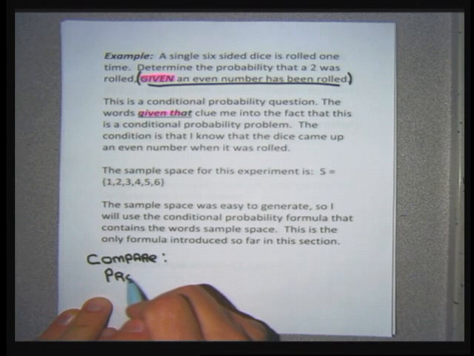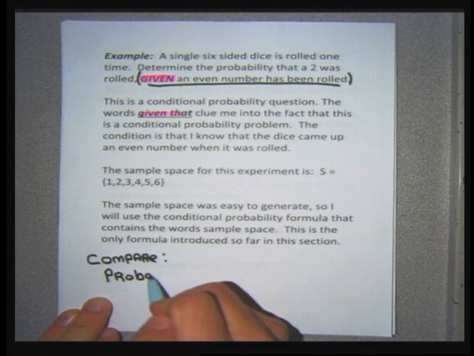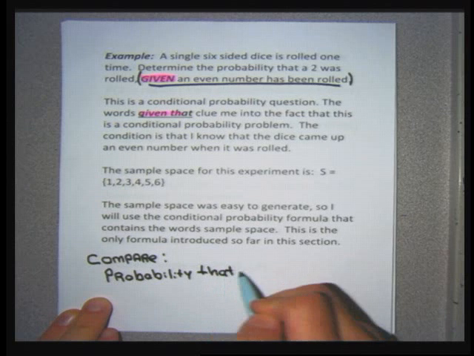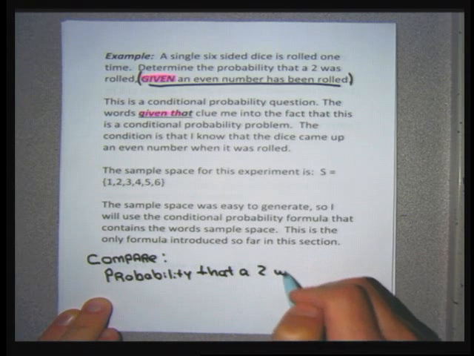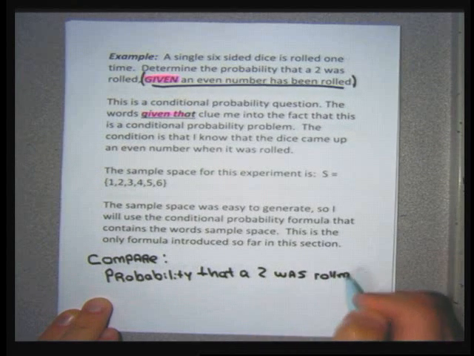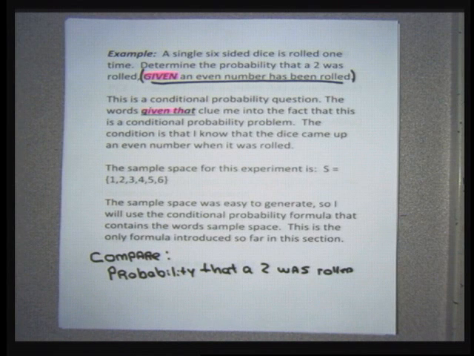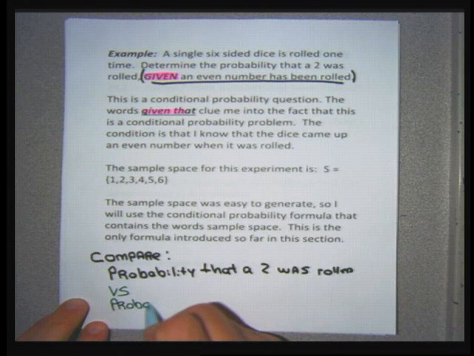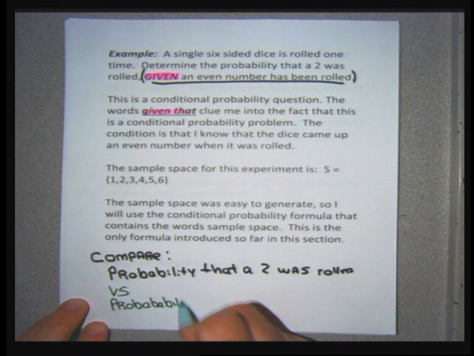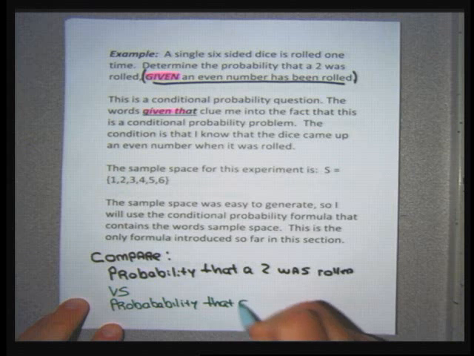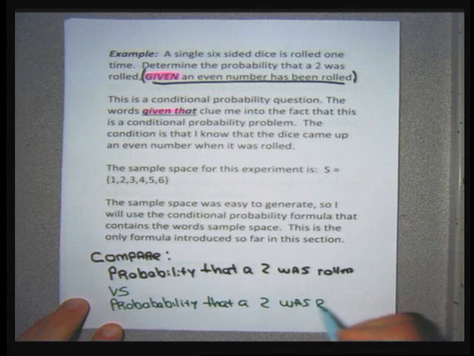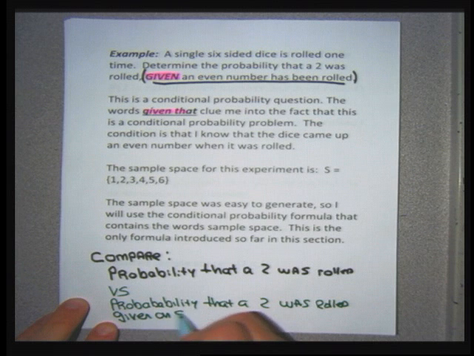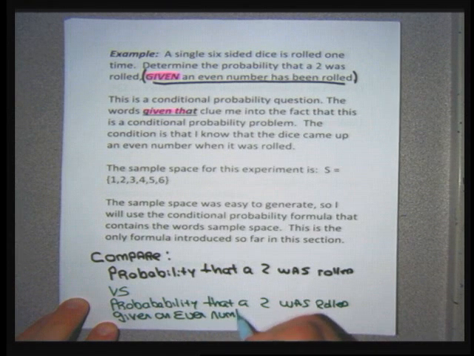In sections 4.1 through 4.6, we might have asked the question: find the probability that a 2 was rolled, and then this compared to the probability that a 2 was rolled given an even number has been rolled.